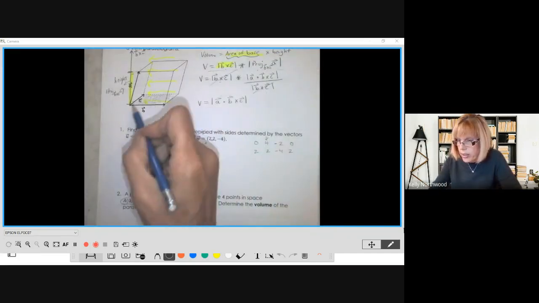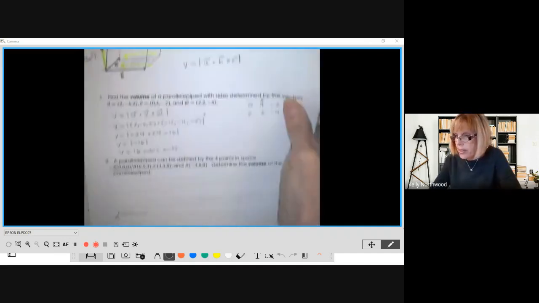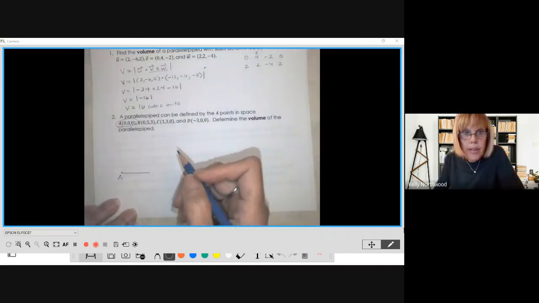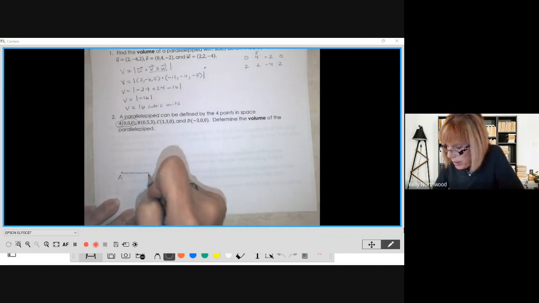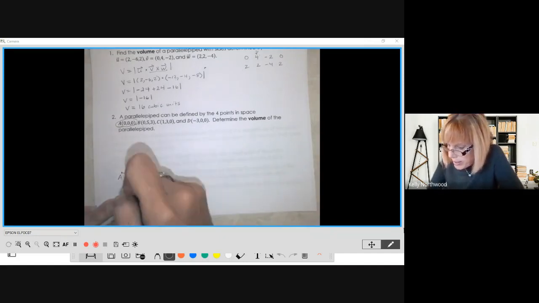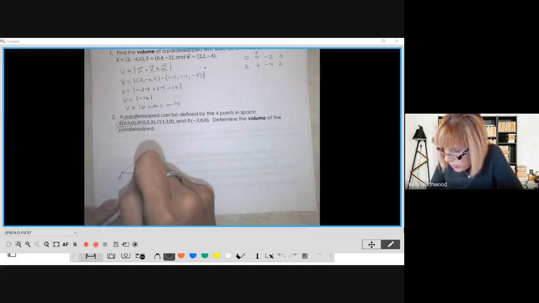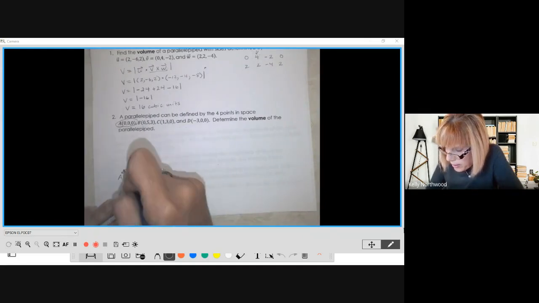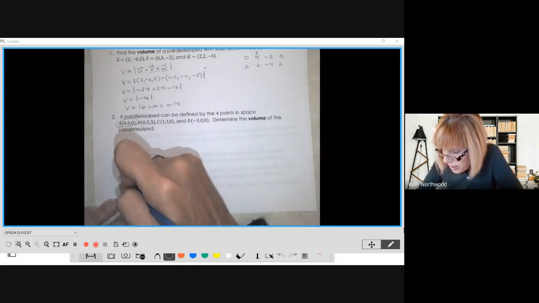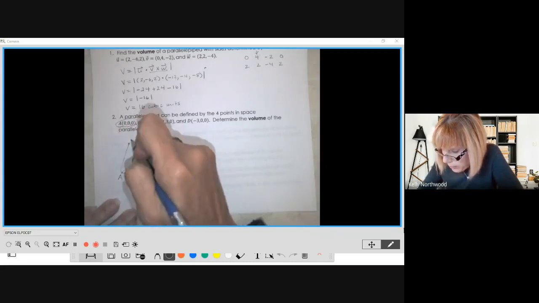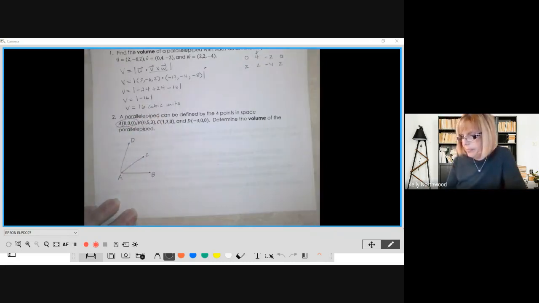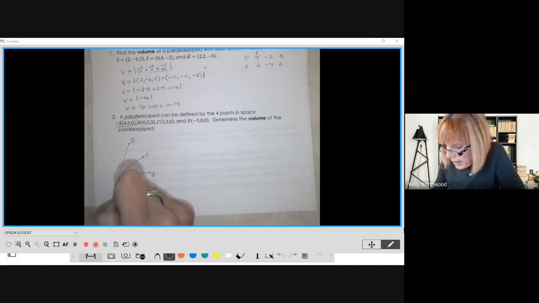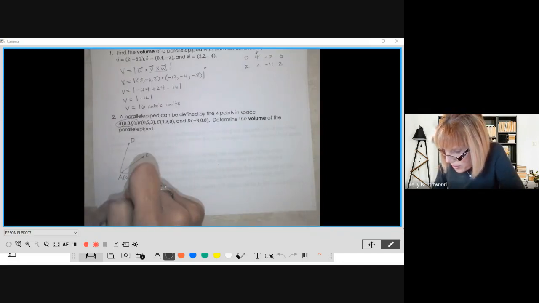But I'm just going to draw the 3 basis vectors instead of the whole thing. So this could be my B vertex and my C vertex over here, say, and then my D vertex up here.